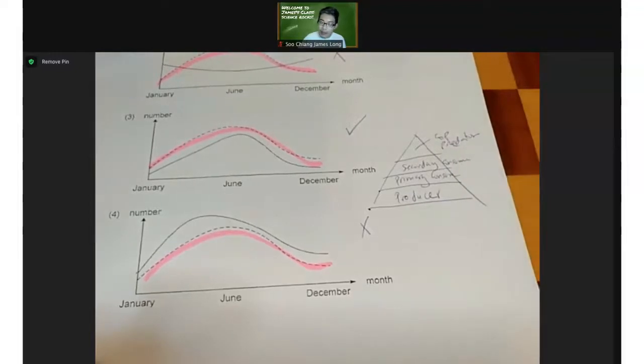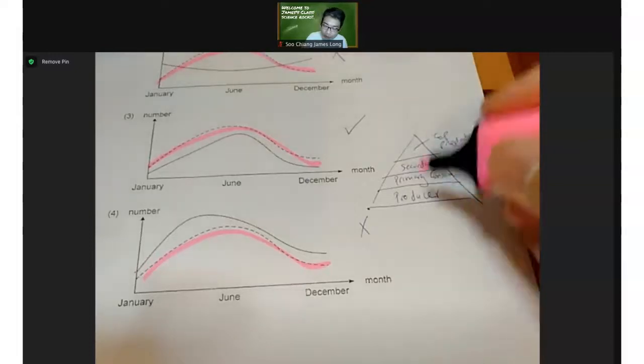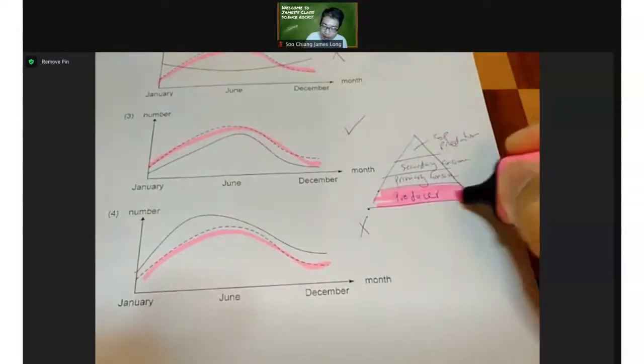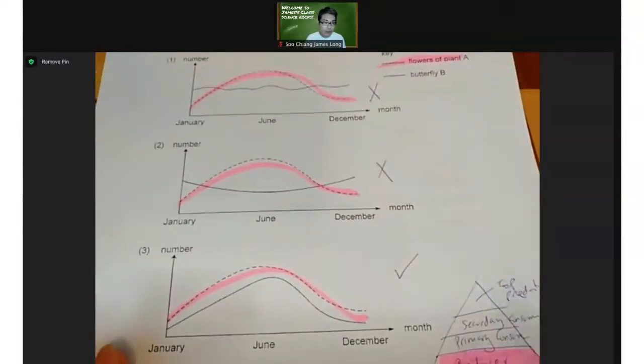And why is the base so large? The base is large because it represents that the population of the producers is always the largest in any of these proper environments where there is a distribution of producers and consumers and all that. Okay, anyway, for this, the answer will be 3.